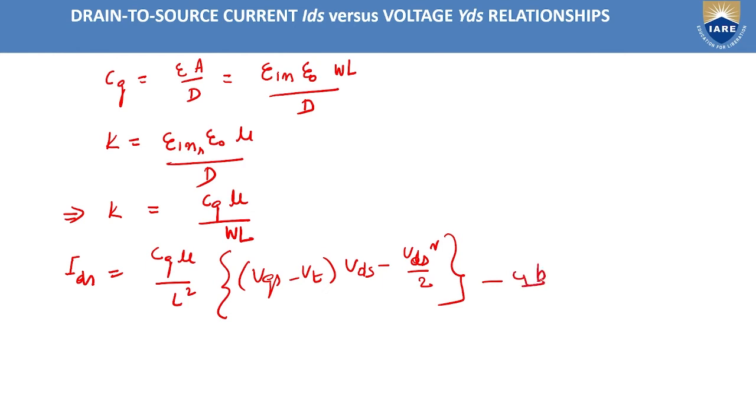Now I'm going to write the same equation using unit area gate capacitance. What is unit area gate capacitance? It is a capacitance per unit area.